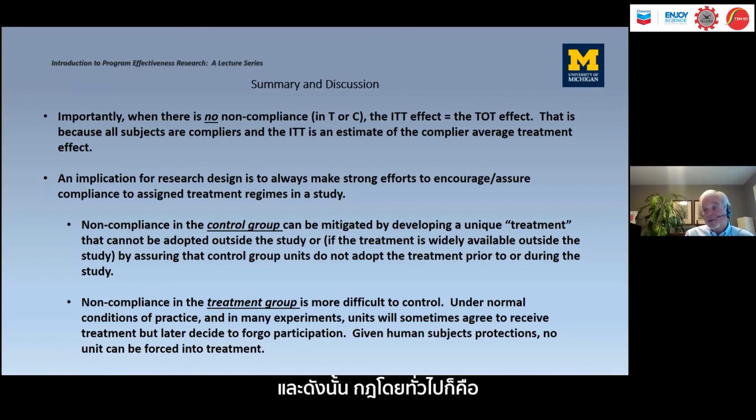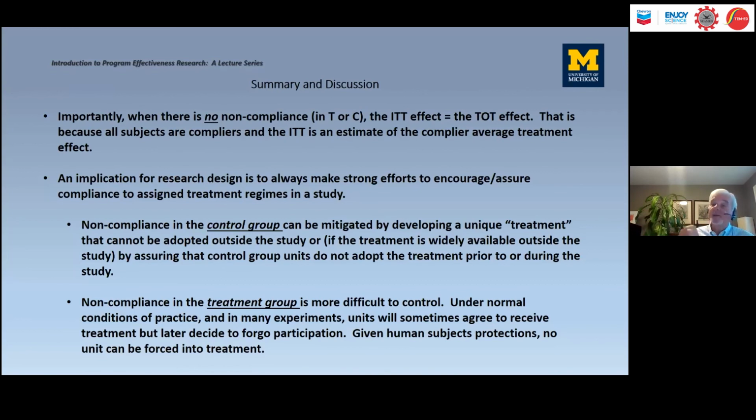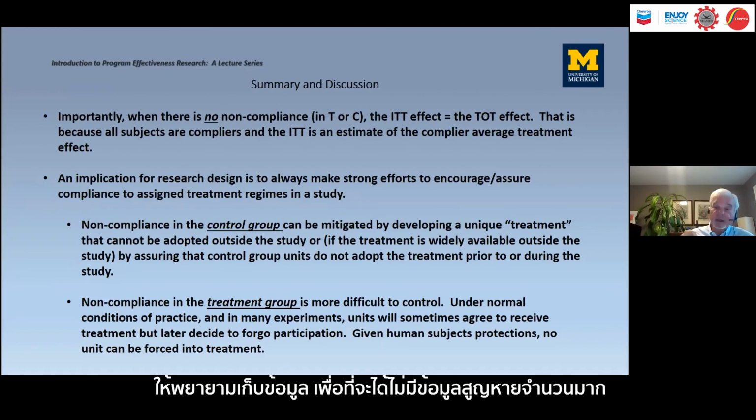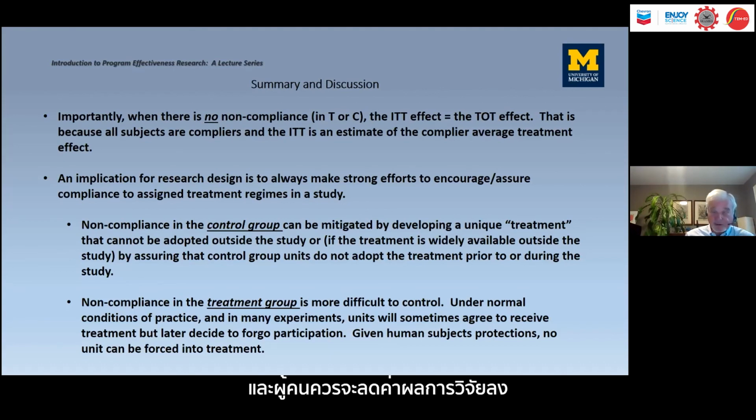And so the general rule of thumb is, if you can't collect a piece of data the first time, go back. And if you can't collect it the second time, go back. Just keep trying to collect data so there isn't a lot of missing data. And studies that have a lot of missing data are poorly conducted studies, and people should discount the results.